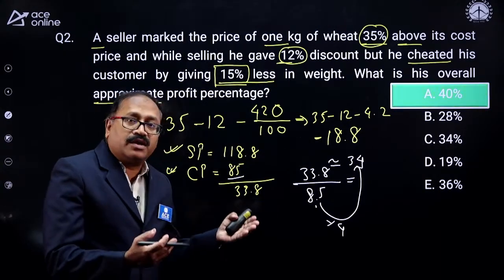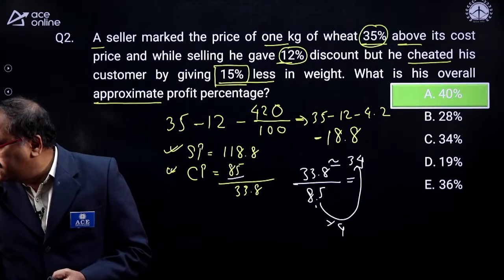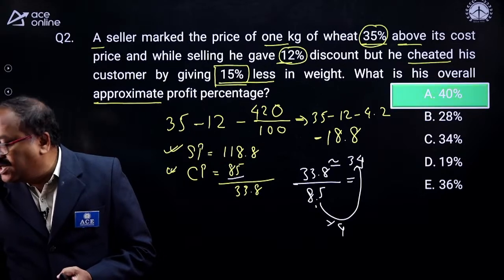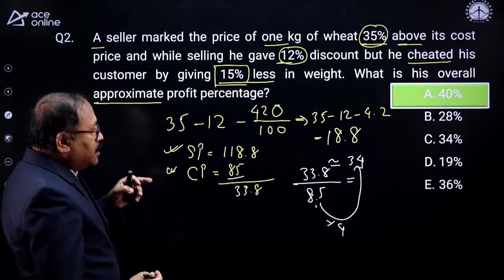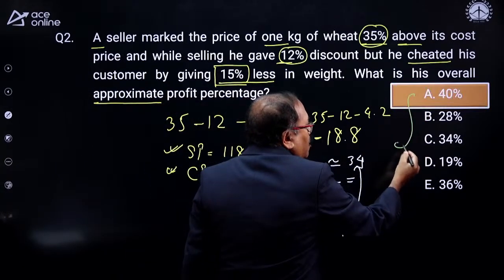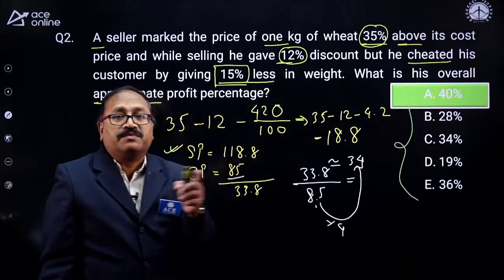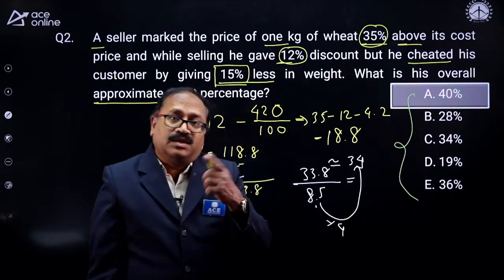If it is wrong, then we will move on. Aman is saying it will be 39%. But I don't have 39% in the options. This question is from banking.